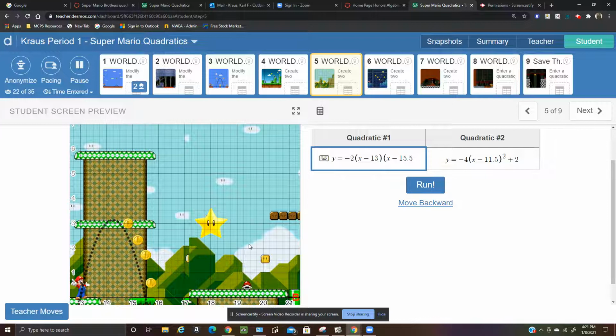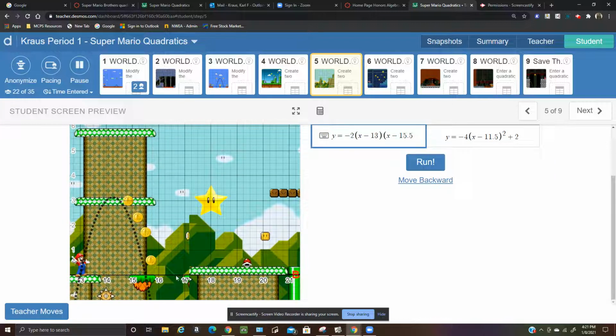And then for the star here, you want to go from maybe 15.5. Or let's just use this vertex here, 18.3.